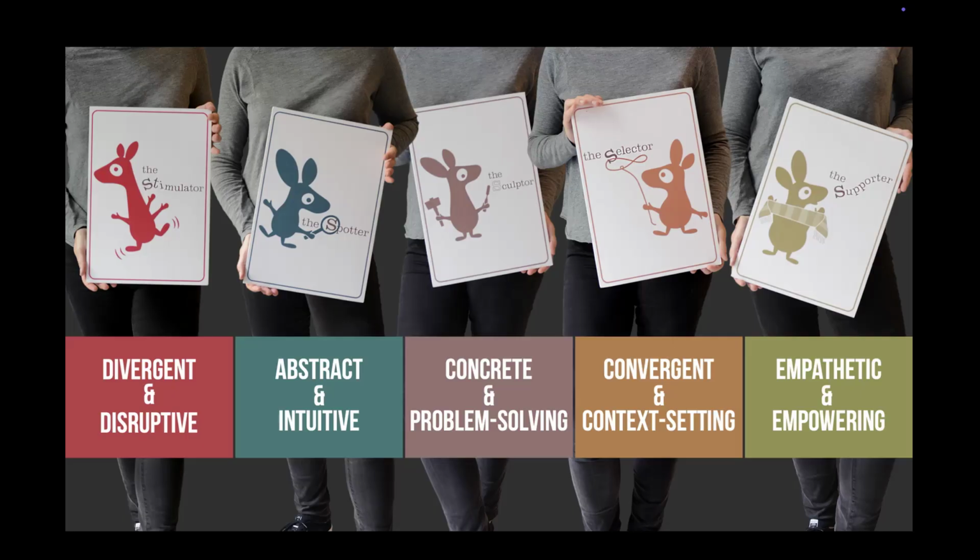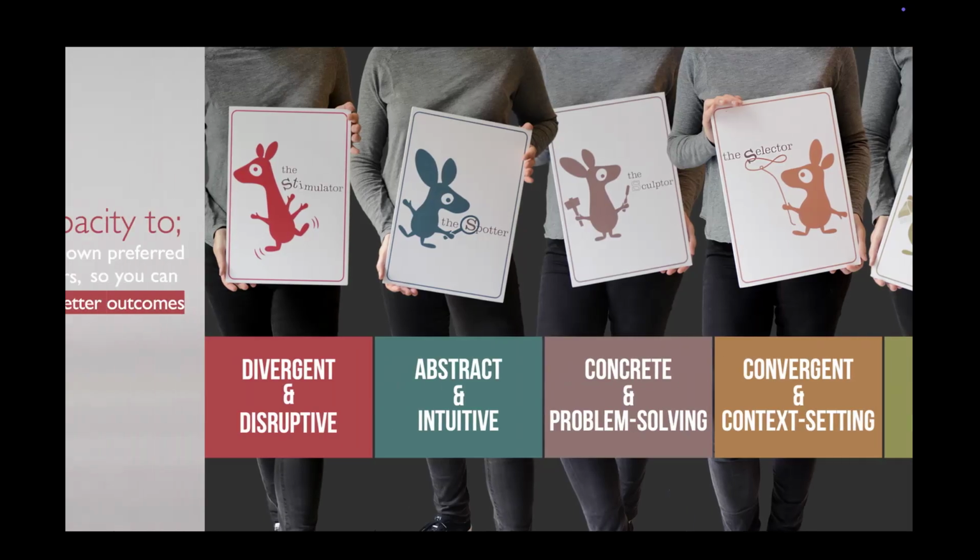None of them are better or worse than others, but you might need them at a greater or lesser extent depending on the task you're working on and the team you're working with. What the 5 styles help you do is really broaden the definition of creativity in the workspace, and essentially this point about understanding creativity in all its forms.